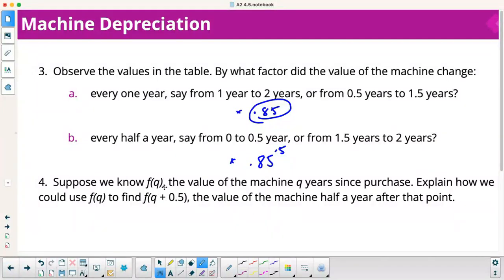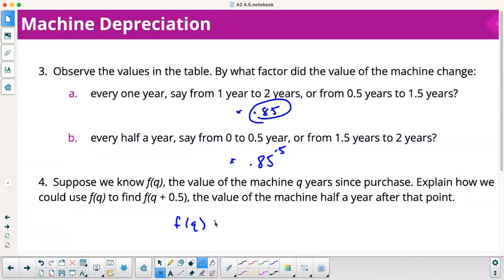All right, suppose we know f of q, the value of the machine q years since purchase. Explain how we could use f of q to find f of q plus 0.5, the value of the machine half a year after that point. So if we know f of q, you're just going to basically times it by 0.85 to the 0.5.